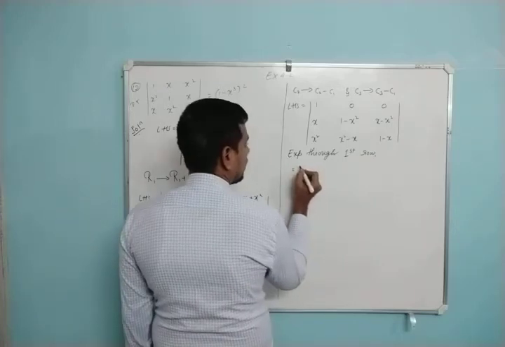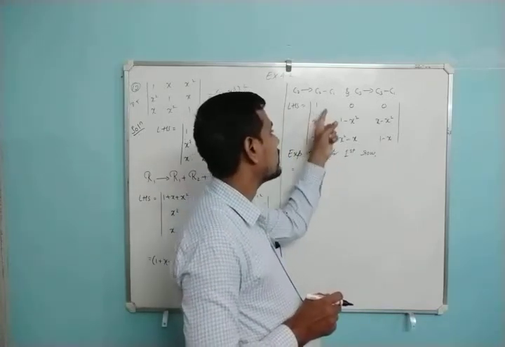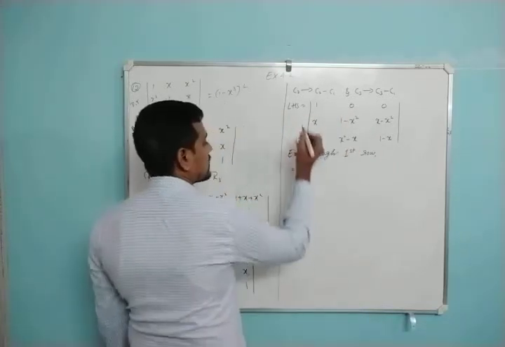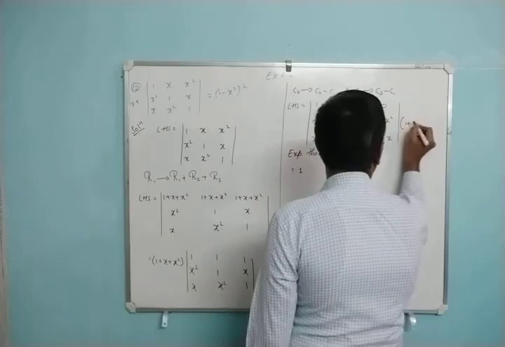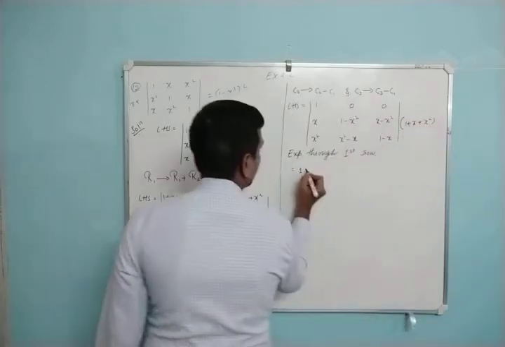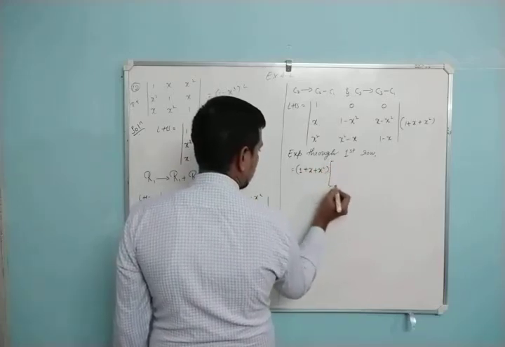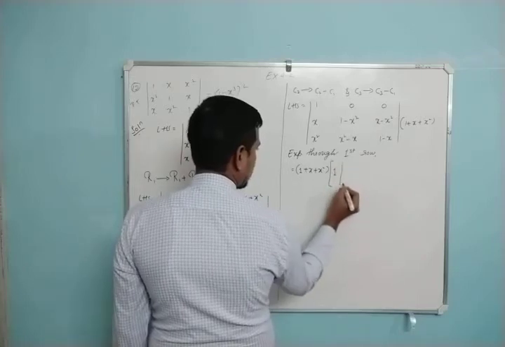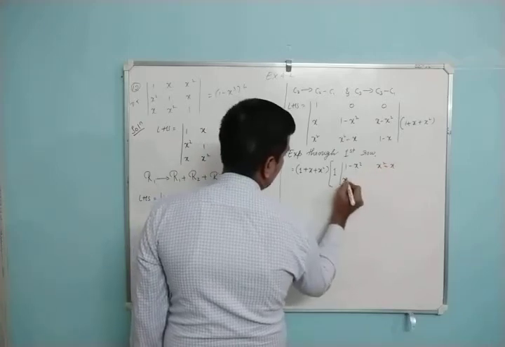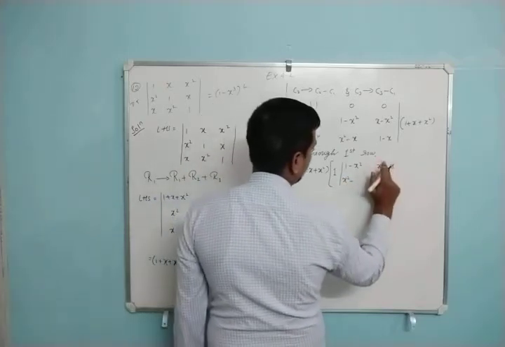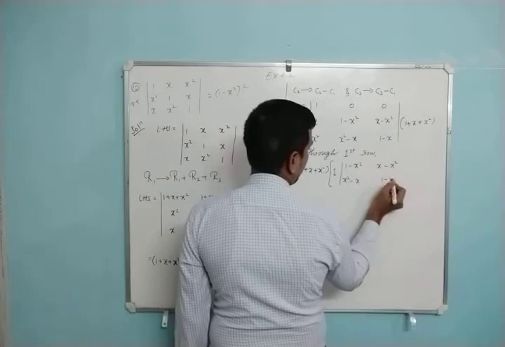Expanding through the first row, we have 1, 0, 0. So this is plus 1 into 1 plus x plus x square, into the determinant of 1 minus x square, x square minus x; x minus x square, 1 minus x.